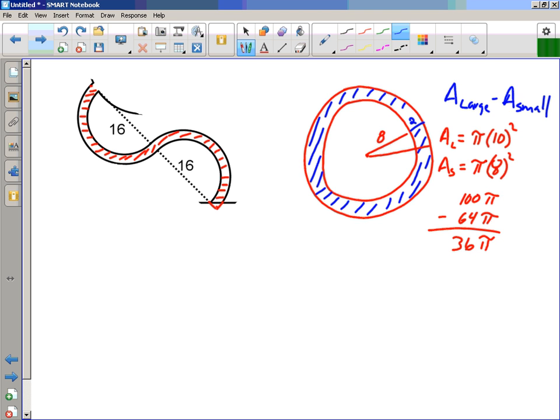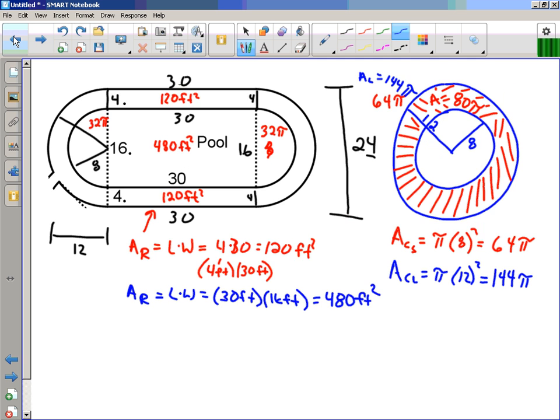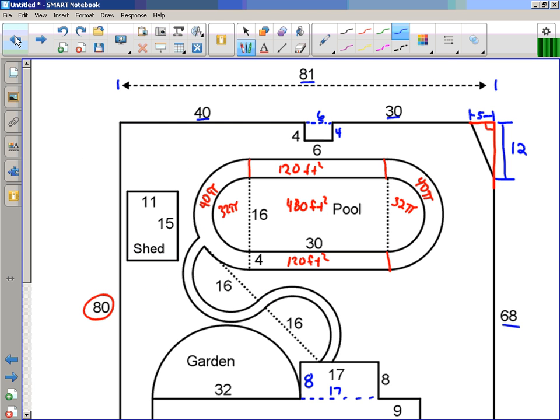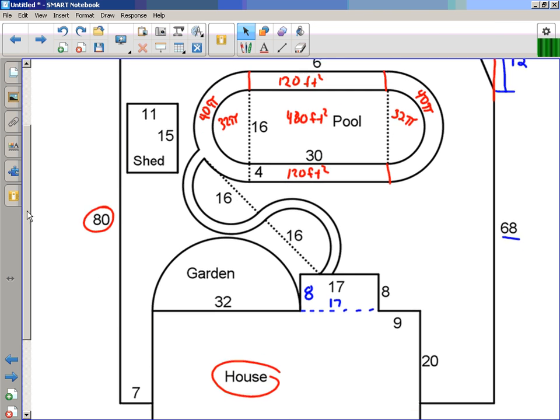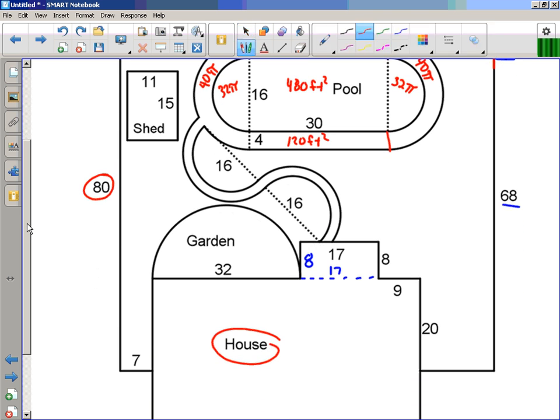I'm going to go back to that previous page. So that means that this blue section is 36 pi. But since this is only half of it, that means that each half is going to be 18 pi. So let's go back to our picture and scroll down. I'm going to write 18 pi and 18 pi.